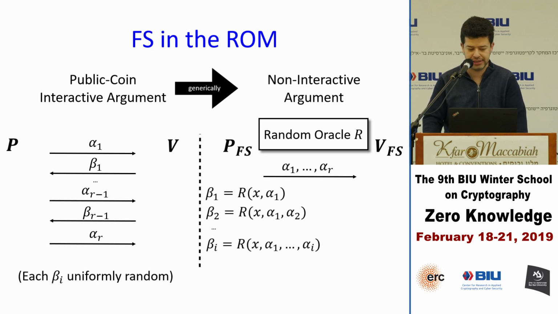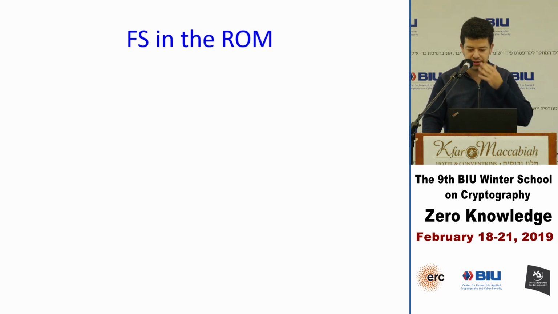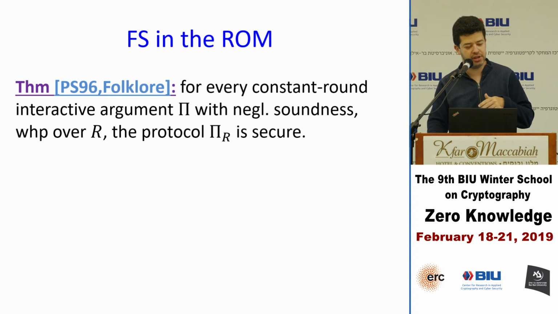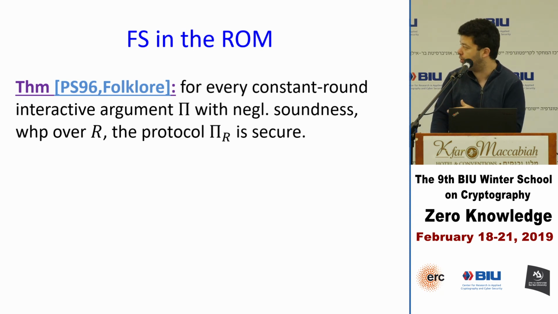So it sounds promising. So here's the theorem shown by Pointcheval and Stern. Actually, they were talking about signatures. The extension that I wrote down here, to the best of my knowledge, hasn't appeared in anything written, but it's folklore.